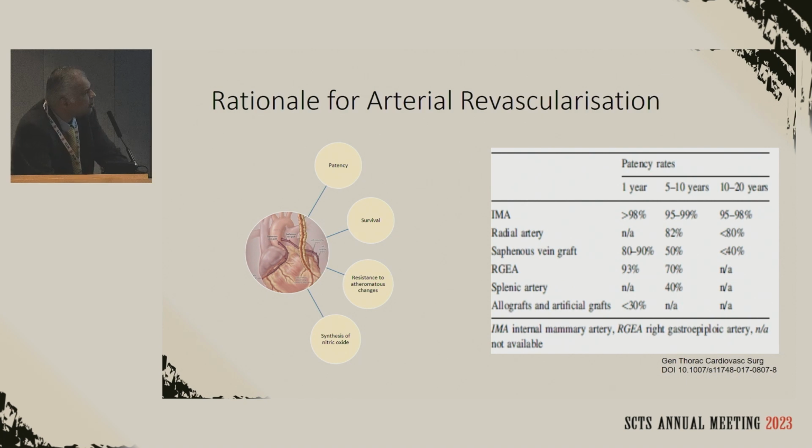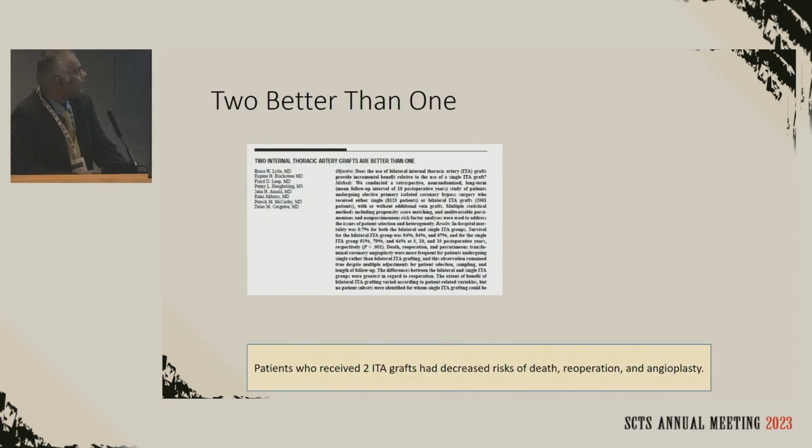And you can see the patency of arterial grafts. Most of them have patencies in excess of 90%, and this is way better than that of vein grafts. So obviously, if one IMA is good, two have to be better.